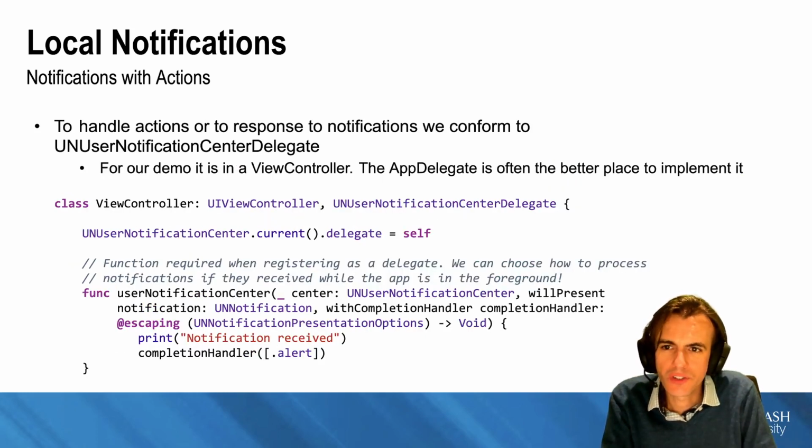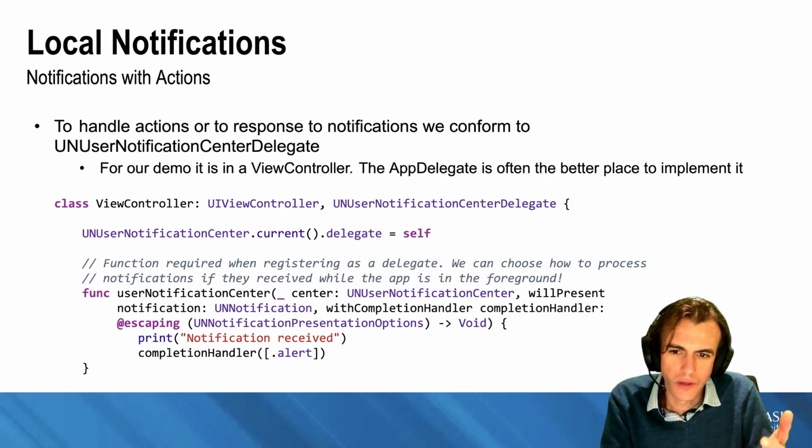To handle actions or a response to a notification, we need to adopt the UN User Notification Center Delegate protocol. And typically you're going to do this in the app delegate or something like that. Here we're just doing it in the view controller. And you're going to need to implement this method, which is willPresent notification with completion handler.